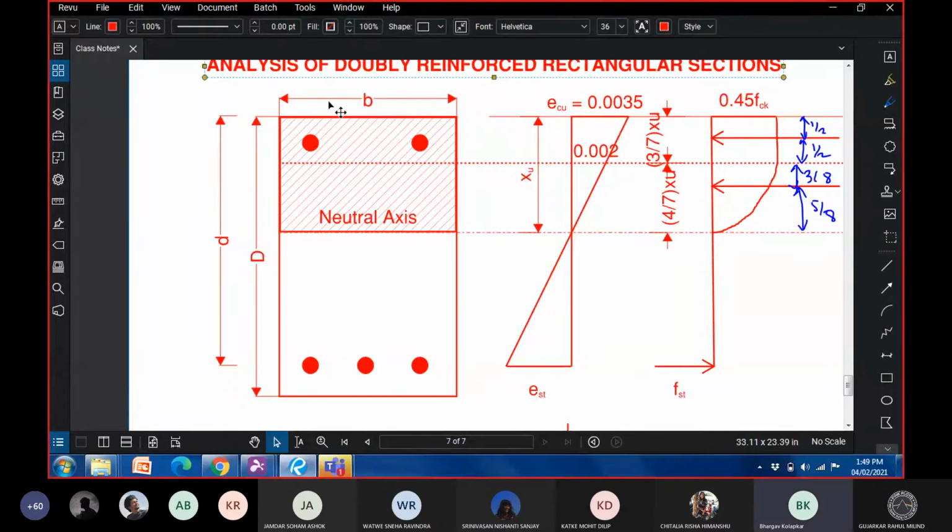But it has been observed in the previous section that a singly reinforced section can offer only a limited moment of resistance. In brackets, you can write Mu max.